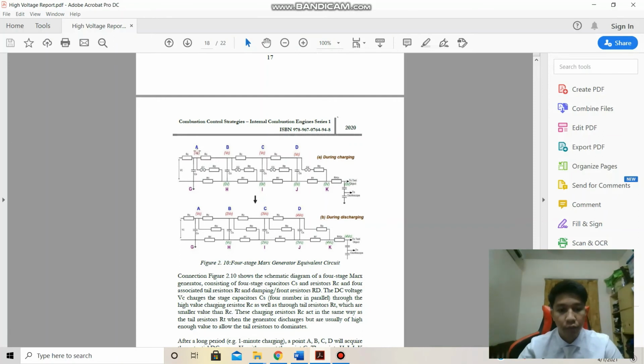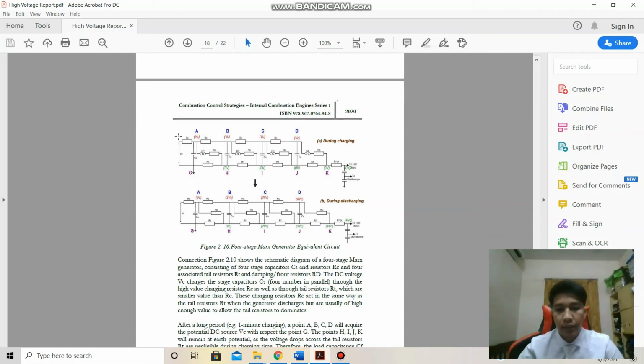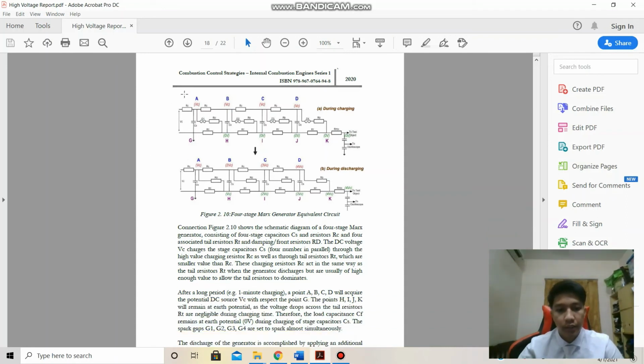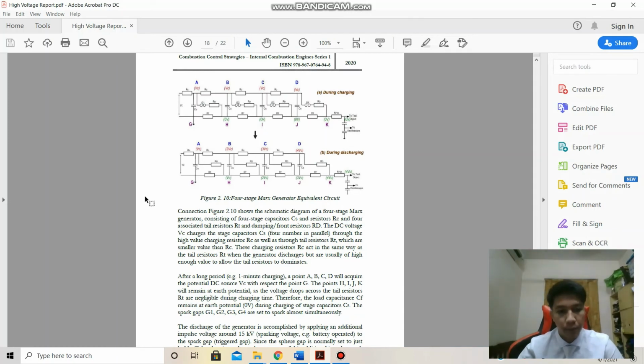And then they have a four stage Marx generator equivalent circuit, A, B, C, D. You can see this is the four stage. Okay, let's explain the connection. The schematic diagram shows four stages. They have capacitors and resistors, the tail resistor and damping resistor.